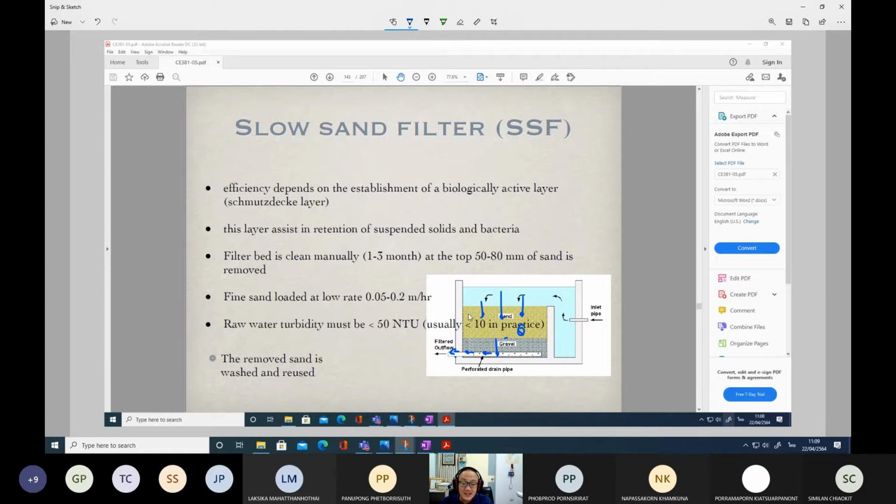So the important thing is the surface area again. If we take the flow rate divided by the filtration surface area, this is the filtration rate. Of course, the unit of this filtration rate is meters per hour, or it can be expressed as cubic meters per square meter per hour.